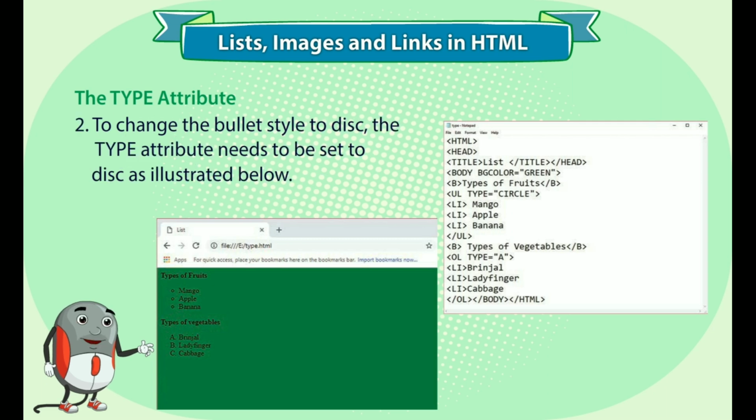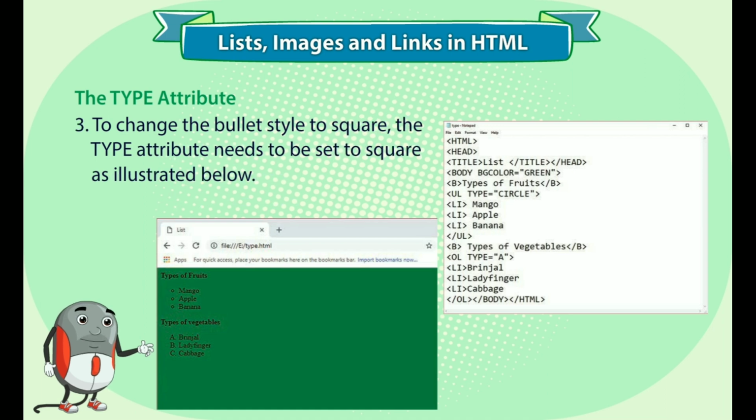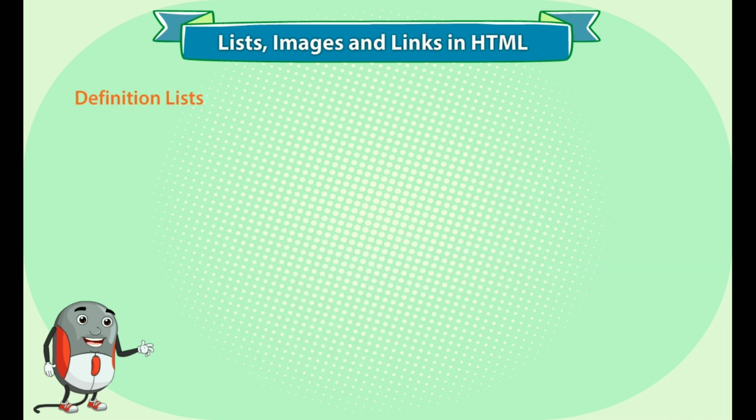To change the bullet style to disk, the type attribute needs to be set to disk as illustrated below. UL type equals disk. 3. To change the bullet style to square, the type attribute needs to be set to square as illustrated below. UL type equals square.